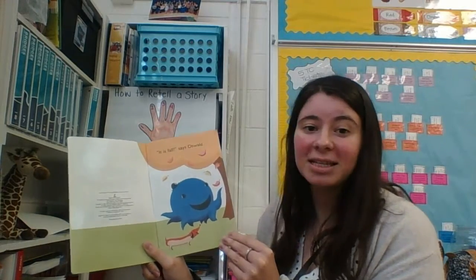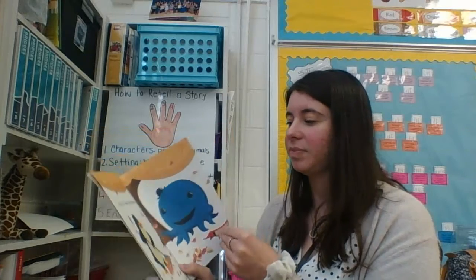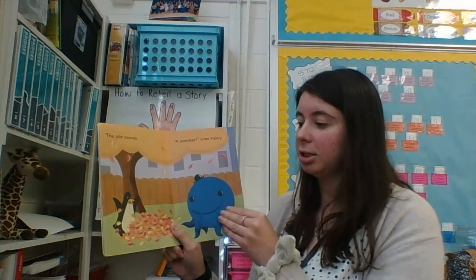It's fall, says Oswald. Leaves fall. Hooray, says Oswald. Henry says, what a mess. Henry rakes the leaves. Weenie hides in the leaf pile. The pile moves. A monster, cries Henry.